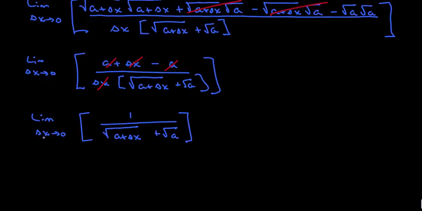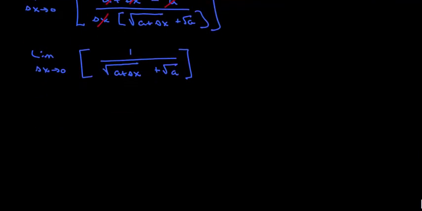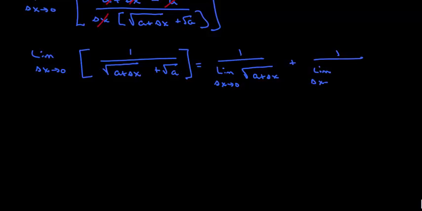Okay. Now as delta x goes to 0, I'll do these limits separately so you can see here. This is equal to 1 over the limit as delta x goes to 0 of the square root of a plus delta x, plus 1 over the limit as delta x goes to 0 of the square root of a.